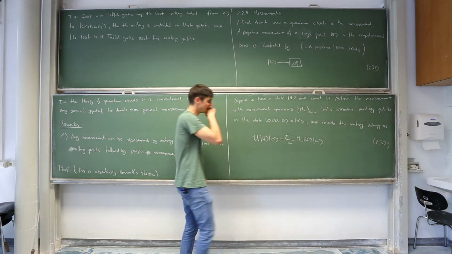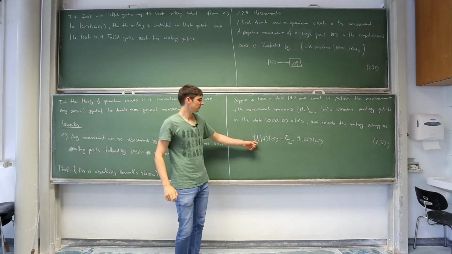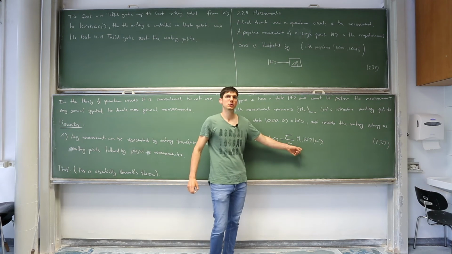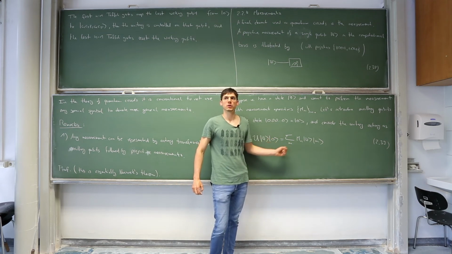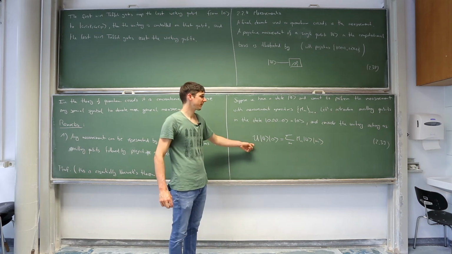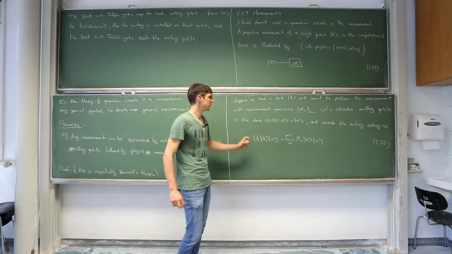Okay, you might wonder whether we can find such a unitary, that this is true. And indeed, you can always find such a unitary. I'm going to tell you the reason.